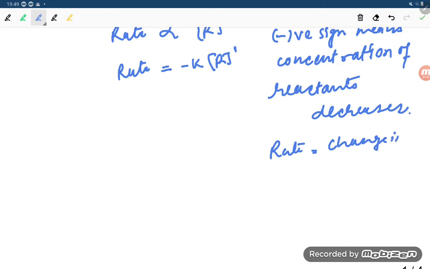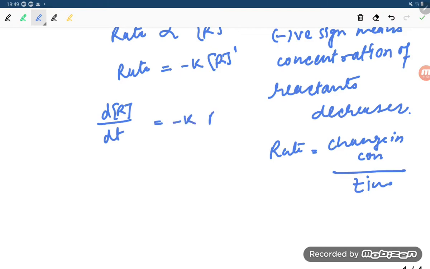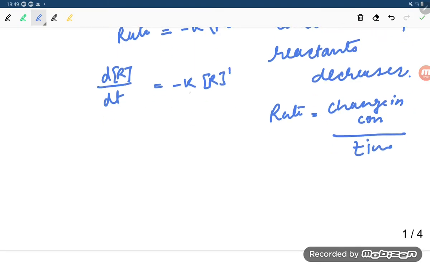So we can write that dR by dt is equal to minus k R. We are rearranging this here and there. So minus dR upon R is equal to k dt.